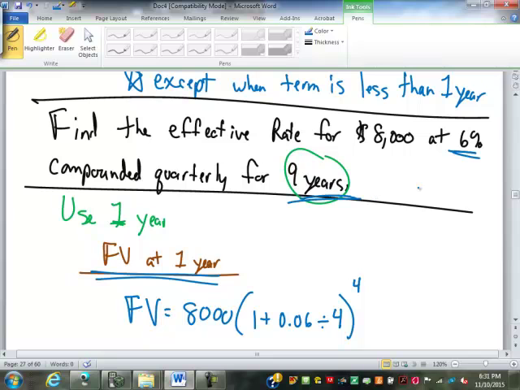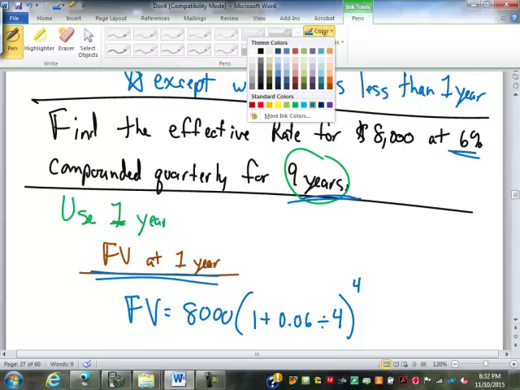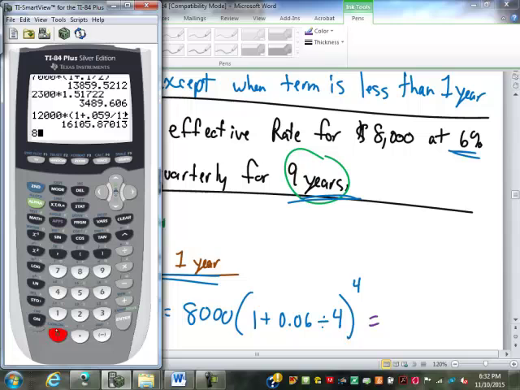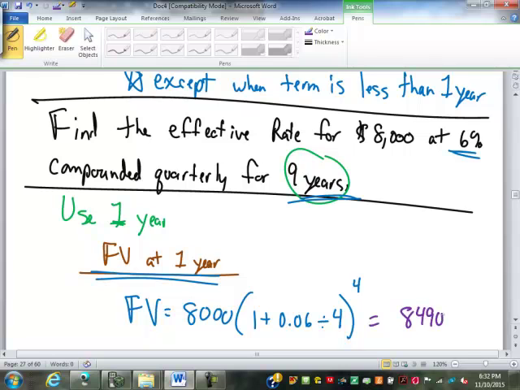Even though this says it's for 9 years, we only go for 1 year to find the effective rate. So 8,000 times, parentheses, 1 plus 0.06 divided by 4, close parentheses, power of 4. We get $8,490.91. That is the future value.